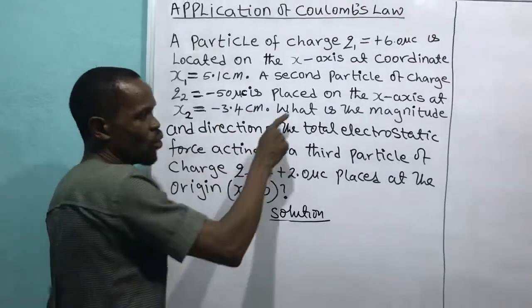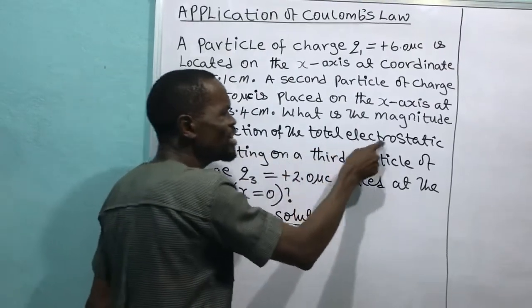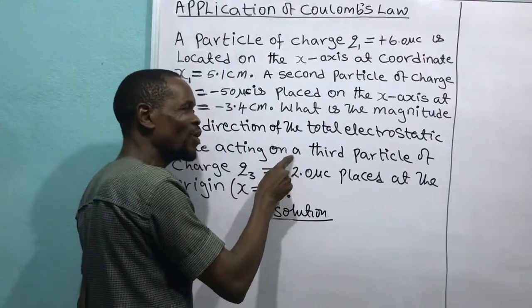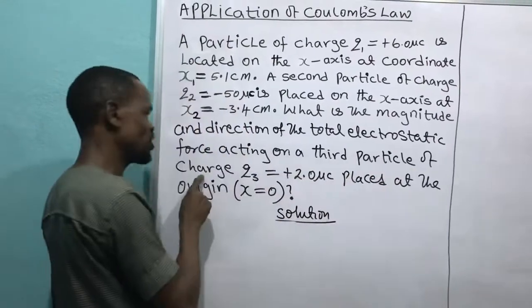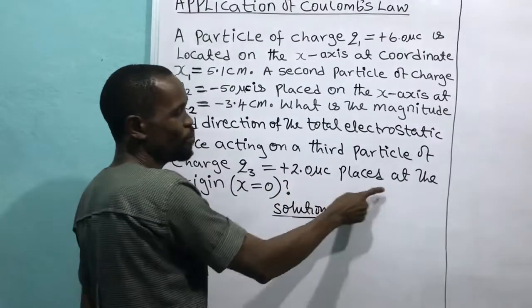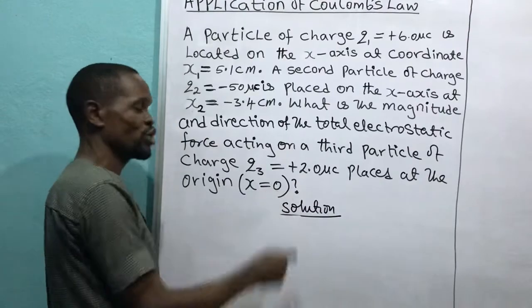What is the magnitude and the direction of the total electrostatic force acting on a third particle of charge Q3 equals plus 2.0 microcoulomb placed at the origin? At the origin, which is x equals 0.